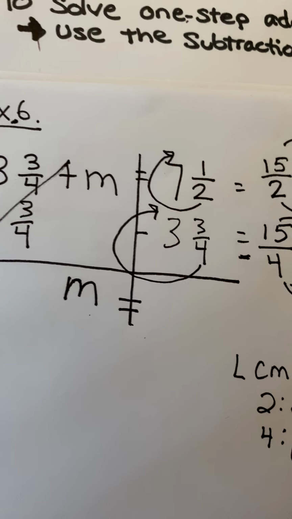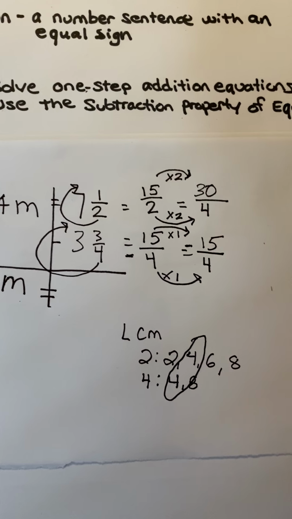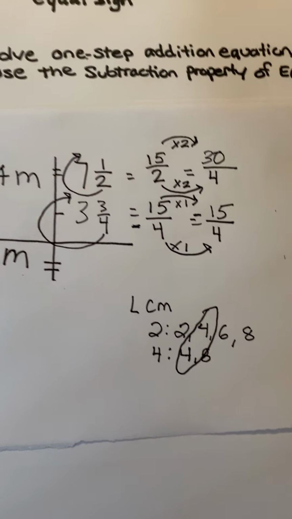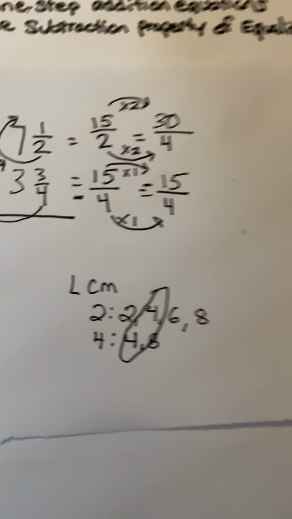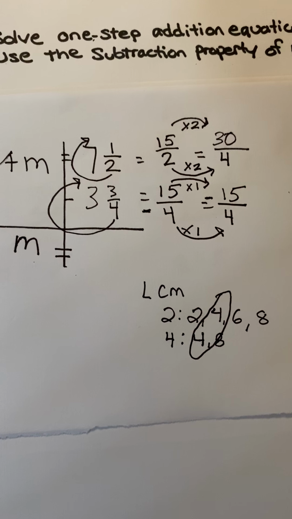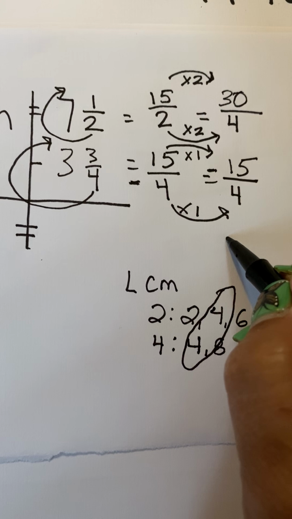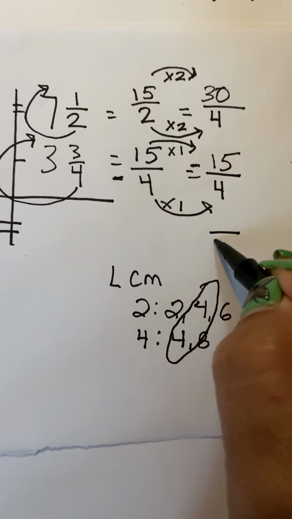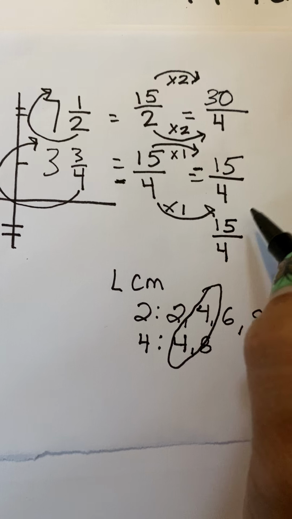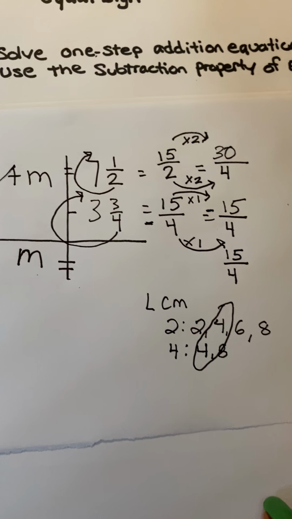So we're almost there, so let's subtract. 30 minus 15, and if you know your doubles, we know that 15 plus 15 is 30. Knowing your doubles is really helpful because you can do your subtraction more quickly. So 30 minus 15 is 15, and we keep that denominator, which is 4, and the numerator is 15. So m equals 15/4.